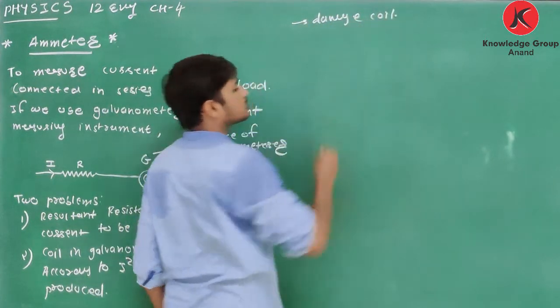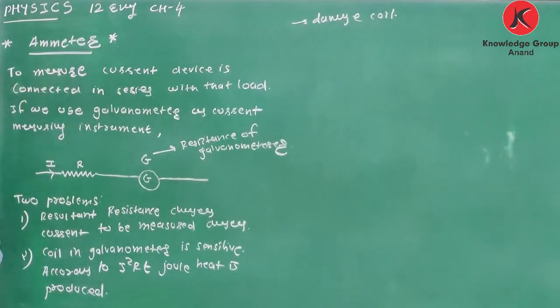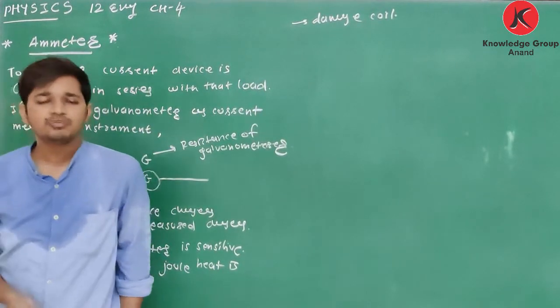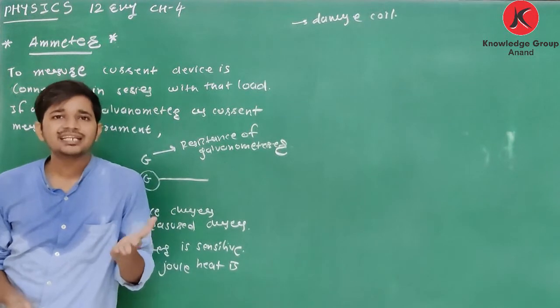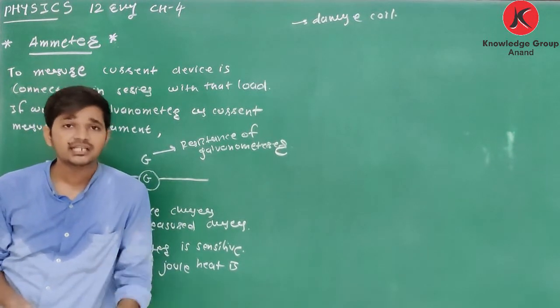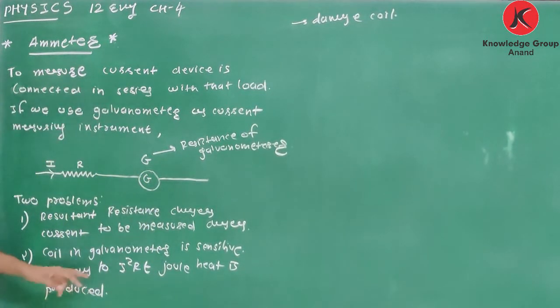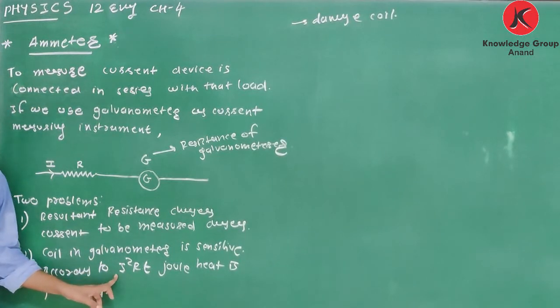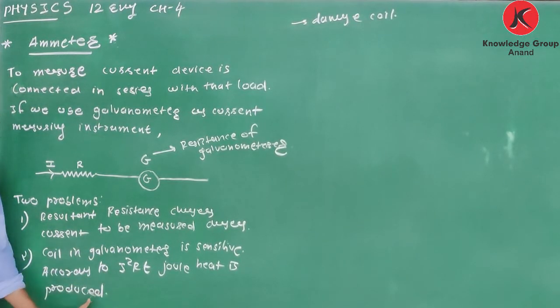Clear about this? If more current is flowing through the galvanometer, that is, the value of current is larger, then obviously according to I square R T, joule heat is produced, and there are chances that the coil is burned.